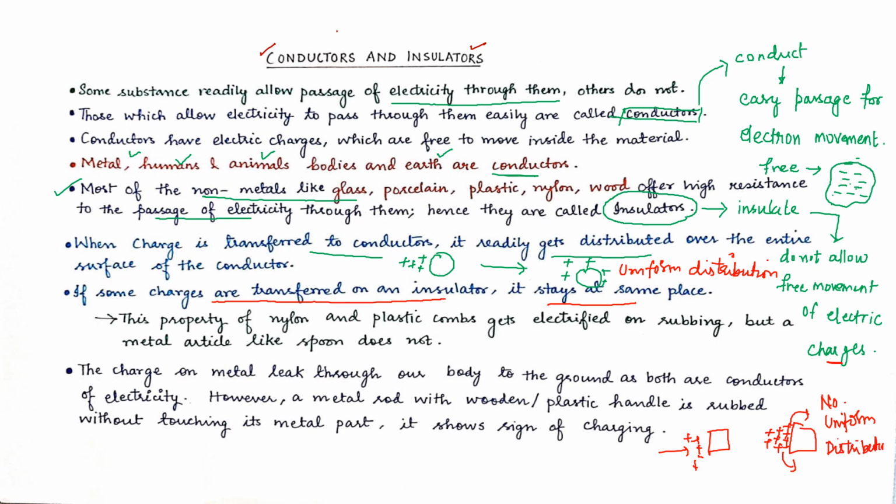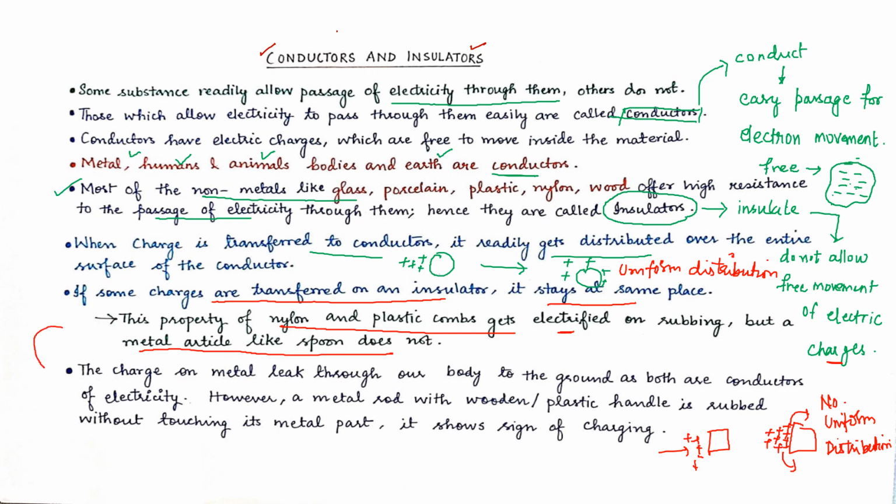No uniform distribution. This property of nylon and plastic comb gets electrified on rubbing, but a metal article like a spoon does not. So from this property we get to know that a plastic item gets electrified but a spoon does not get electrified. How is it happening?